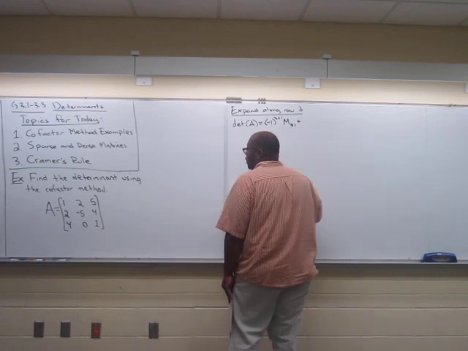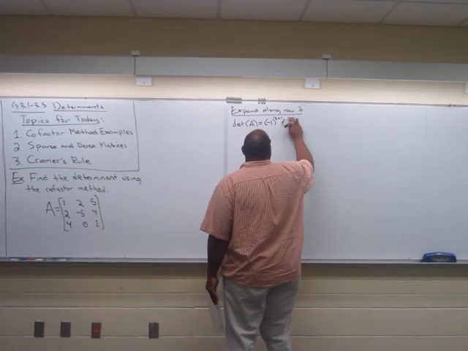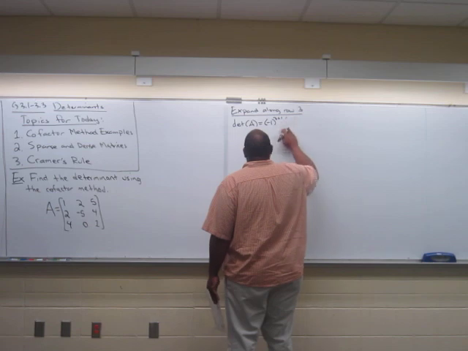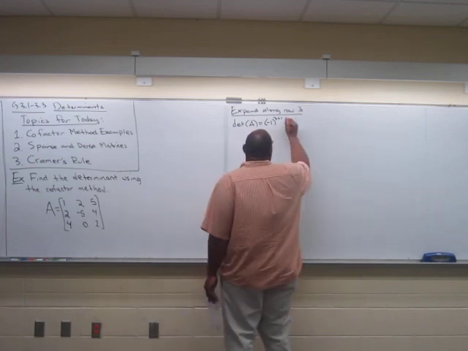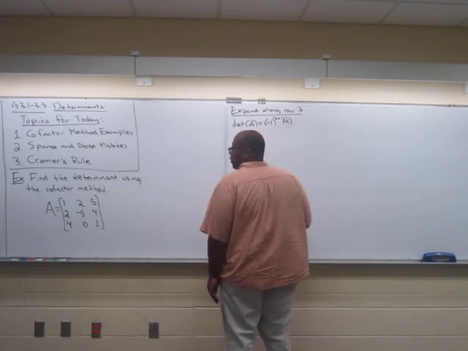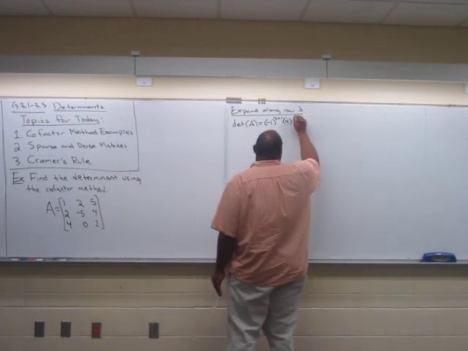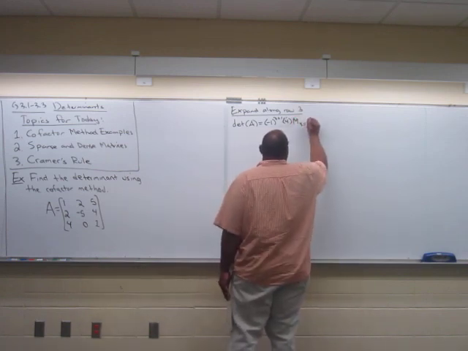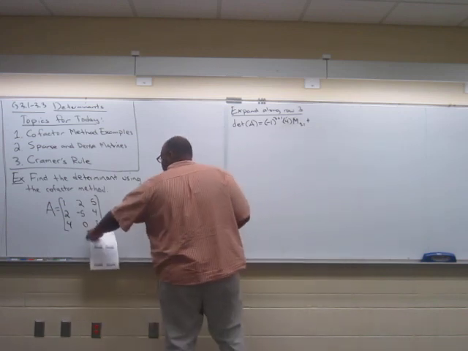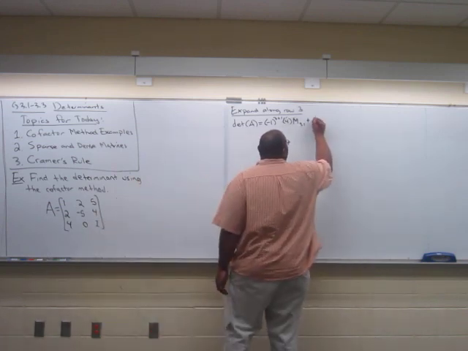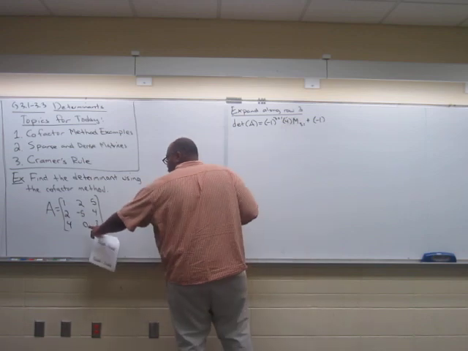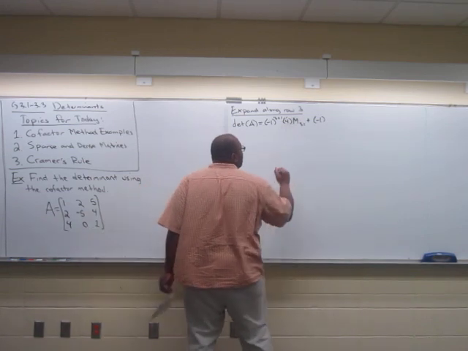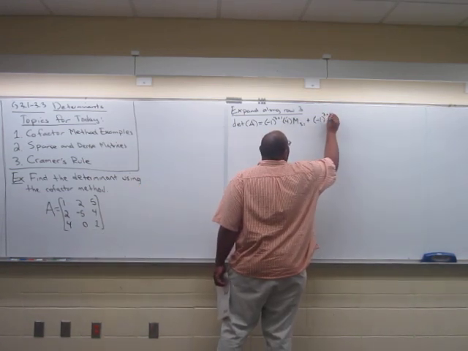Plus, oh, actually, this is wrong. You guys would have stopped me right there. Times 4, which is my element there, times my minor. Plus, we go to the next one. I have -1. 0 is the third row, second column element. 3 plus 2.